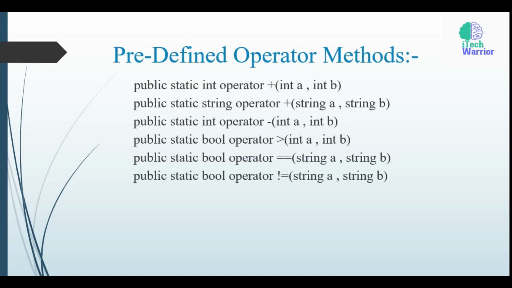Here are the predefined operator methods: public static int operator plus (int a, int b) for addition; public static string operator plus (string a, string b) for concatenation; public static int operator minus (int a, int b) for subtraction; public static boolean operator greater than (int a, int b) for comparing which number is greater; public static boolean operator equal to (string a, string b) for comparing whether strings are equal; and public static boolean operator not equal to (string a, string b) to check that strings are not equal.